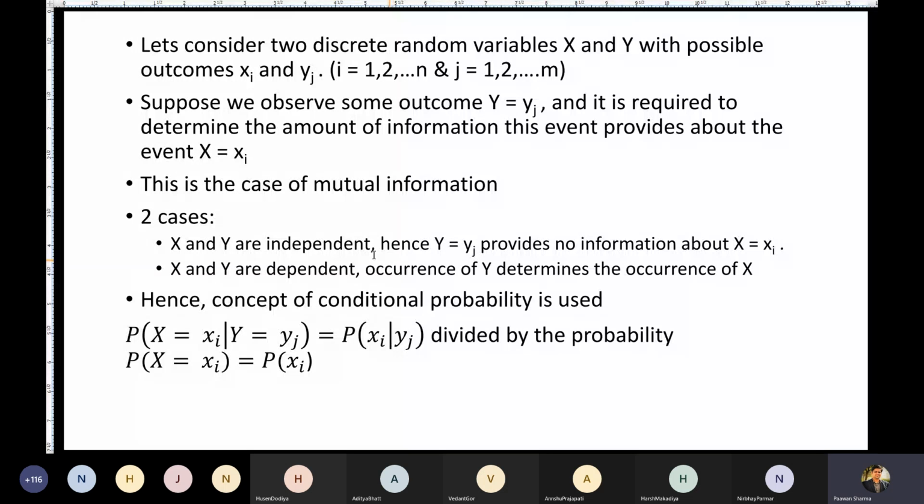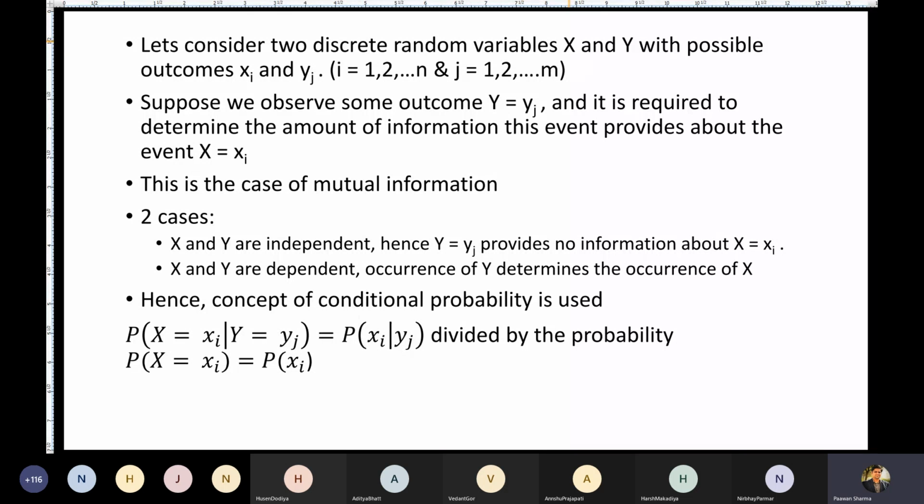So now let's consider 2 discrete random variables, capital X and capital Y, with possible outcomes xi and yj. i is this and j is still m. Suppose we observe some output Y equal to yj, and it is required to determine the amount of information this event provides about the event capital X equal to xi.